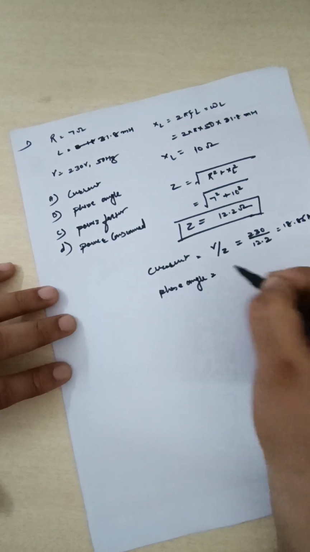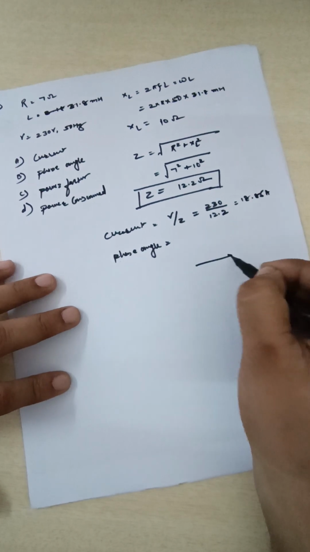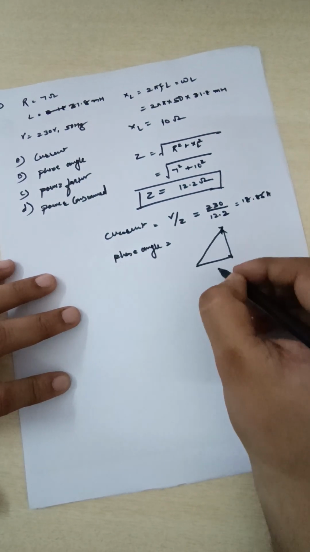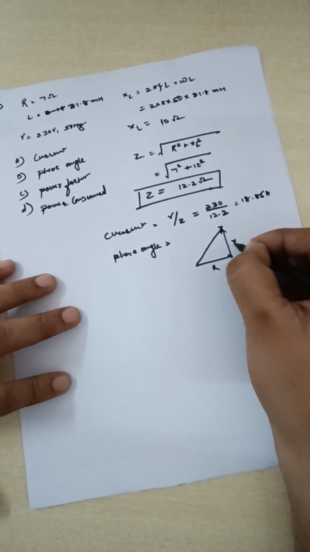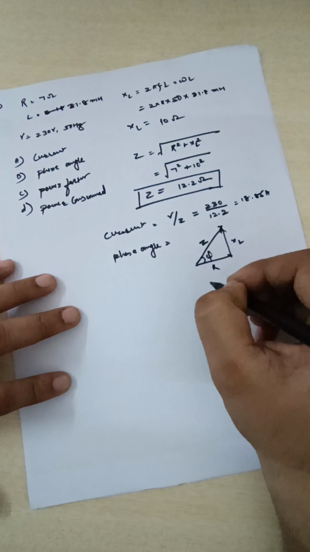We already know that this will be the triangle. If I talk about the impedance triangle, then it will be R, it will be XL, and it will be Z, and here the angle will be phi.